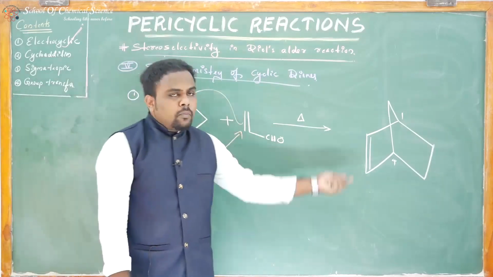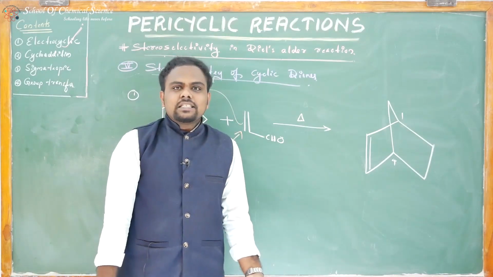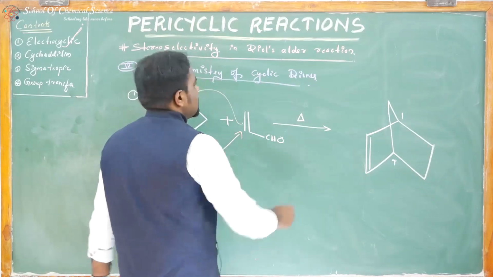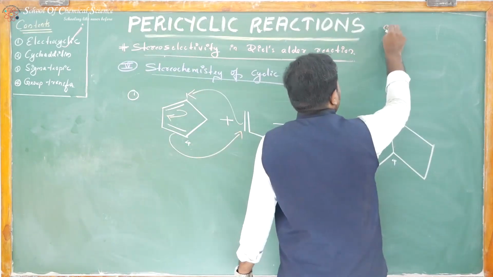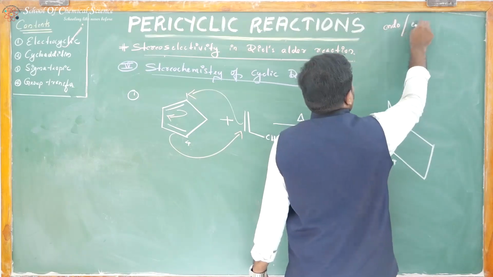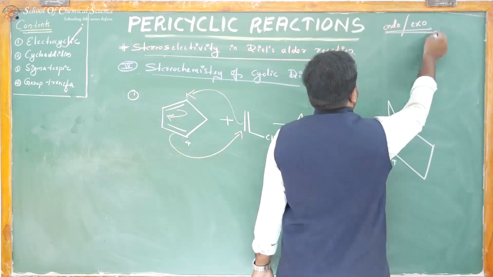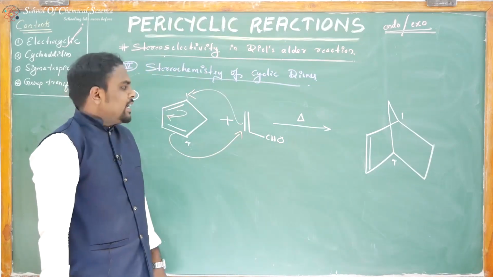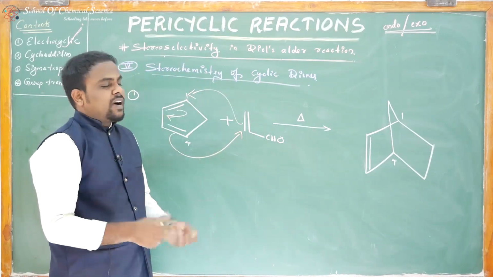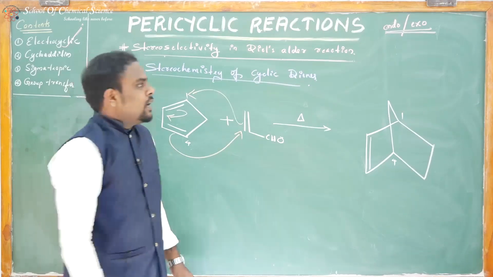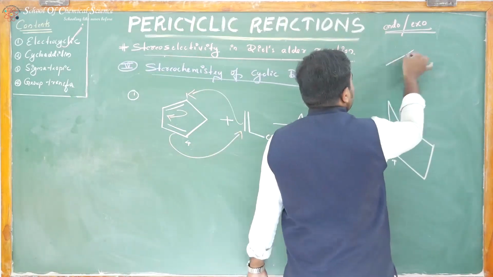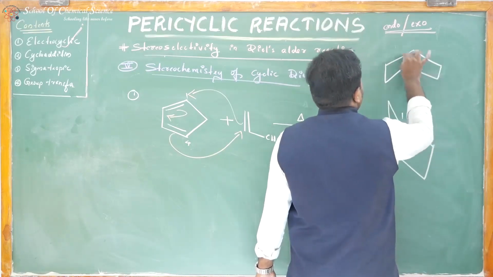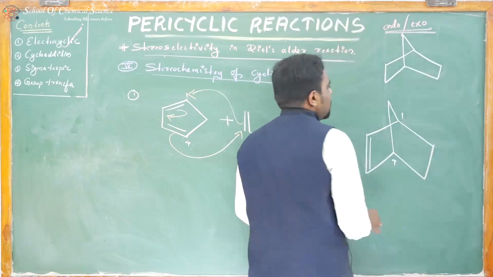In the case of a norbornene system, cis and trans, above the plane or below the plane, is not mentioned. Here the question is whether the substituents are on the endo side or the exo side. What will be endo? What will be exo? Consider a norbornene system with a bridge.